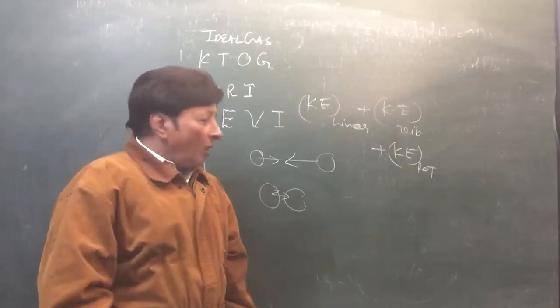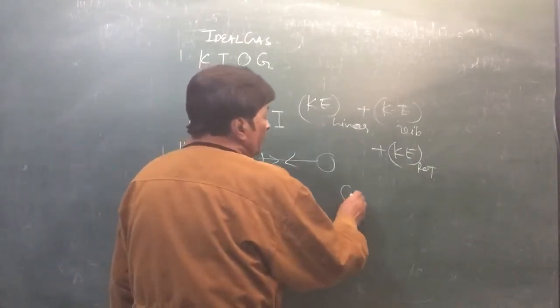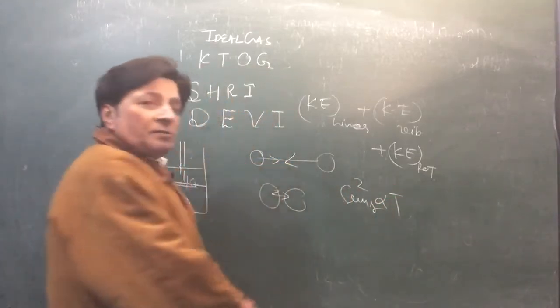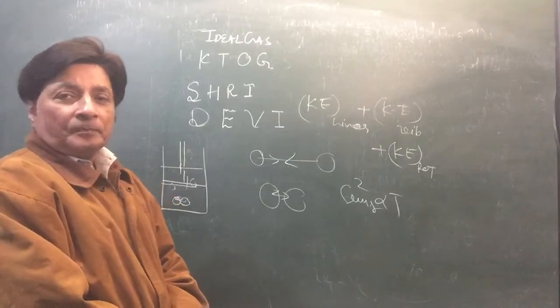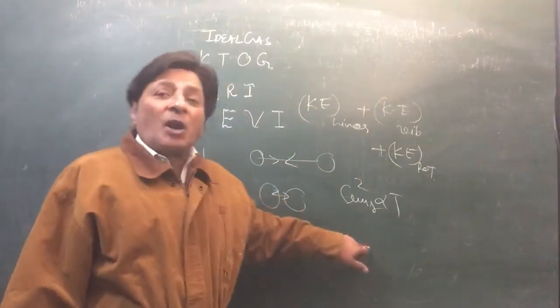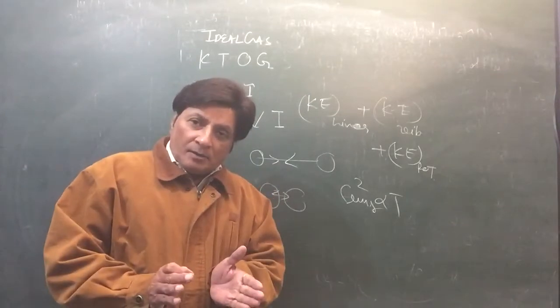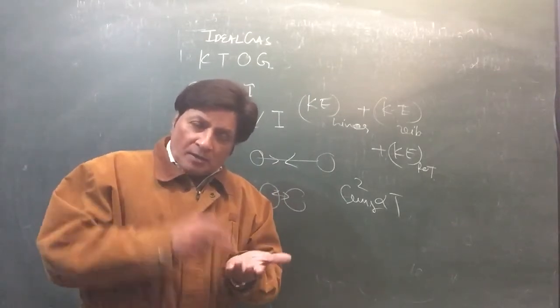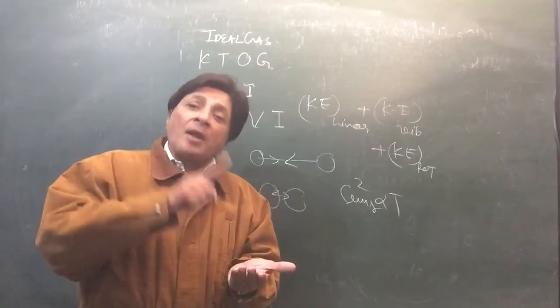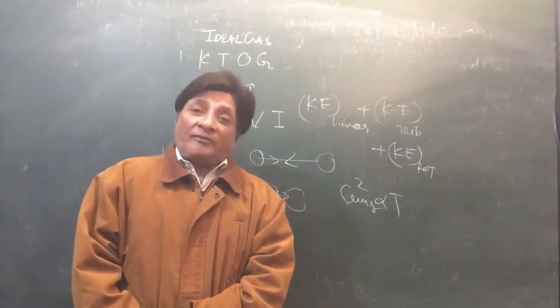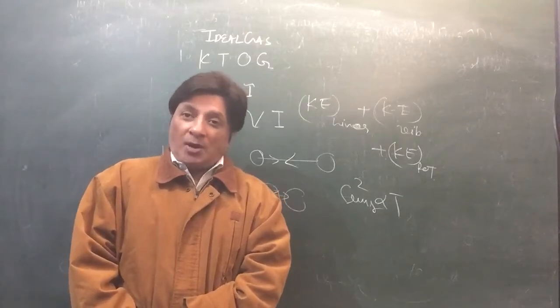Now students, you all know root mean square velocity is directly proportional to the absolute temperature. It means kinetic energy is due to the temperature. It means that the internal energy of an ideal gas is a function of temperature only.